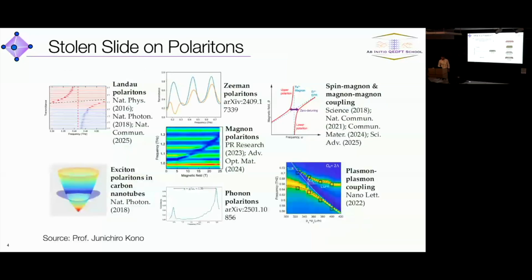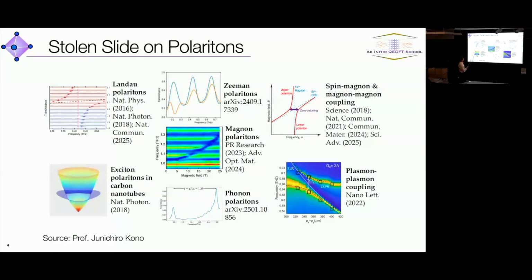And June has already shown a lot of examples of polaritons in the first lecture from an experimental perspective. So this can really be observed. I literally took a snapshot of one of the slides, so I wanted to make sure that you were aware of that.